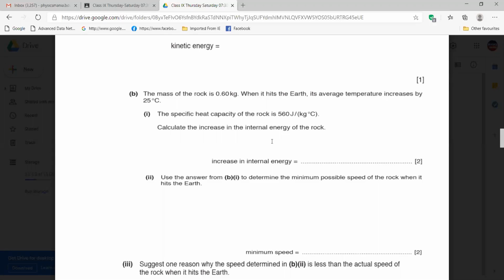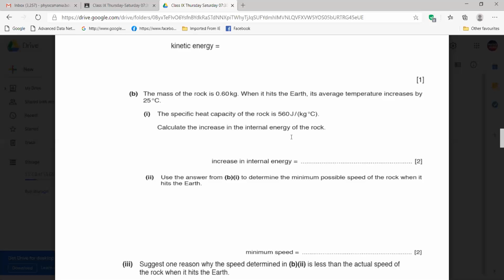Finish writing. Put the values. Sir, what is the value of c? Specific heat capacity c is 560, del theta is 25, m is 0.6.